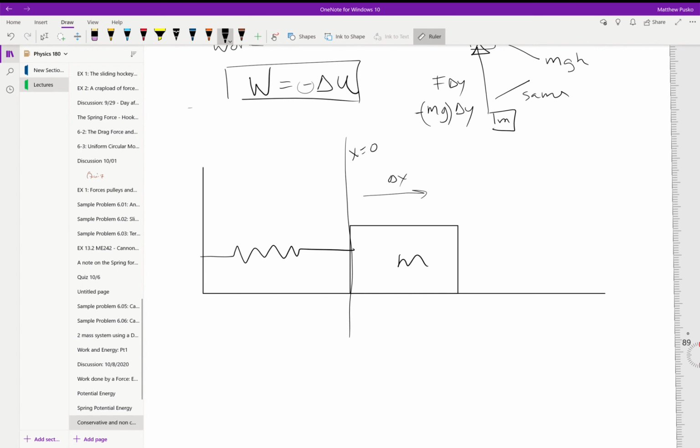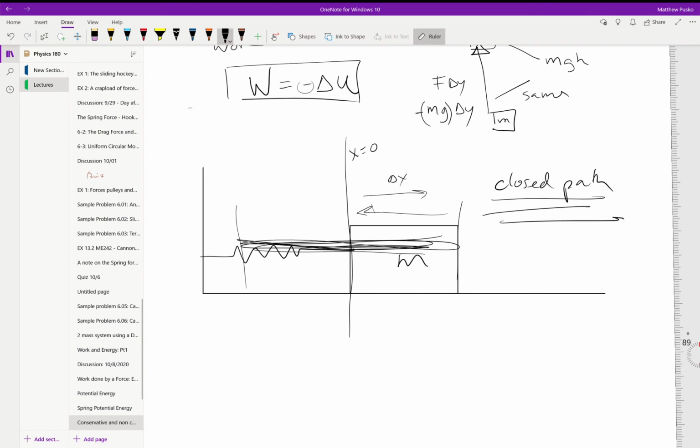Now if we let it go back exactly the same amount to its equilibrium position, that amount of work would cancel out. Exactly, that is a closed path. You could let this thing oscillate back and forth 50 times, as long as it just keeps going between the same 2 points, and as long as it finishes in the same place it starts, that's a closed path. And when a spring oscillates, we do lose some energy to heat, but we're going to ignore that for now.